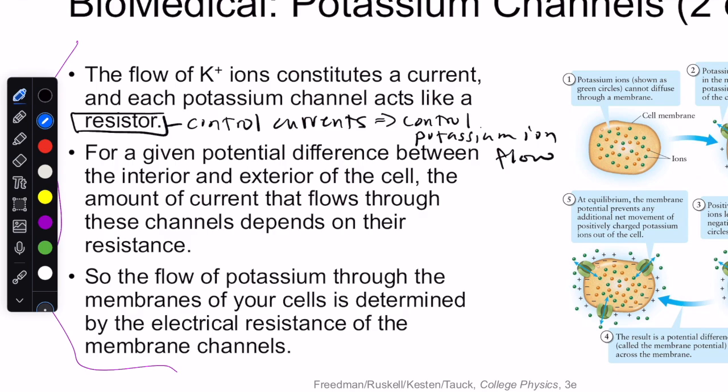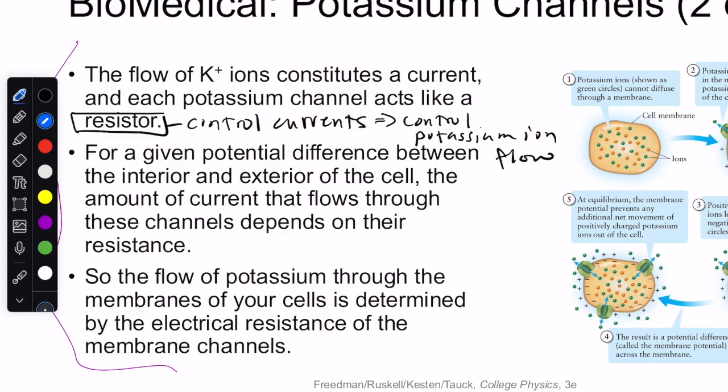We can think of it as current being the flow of the positive ions, the cell membrane and the channels being resistors, okay? The potential that's created is created by the separation of charges between the outside of the cell and the inside of the cell, right?